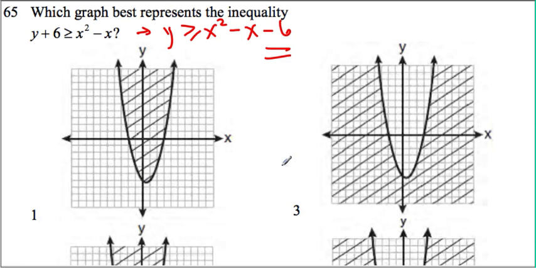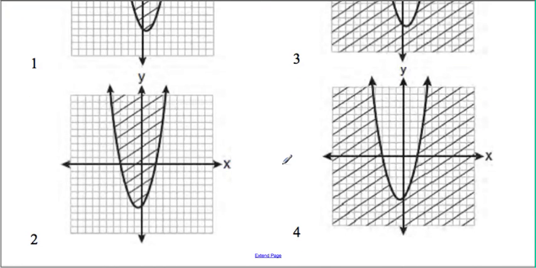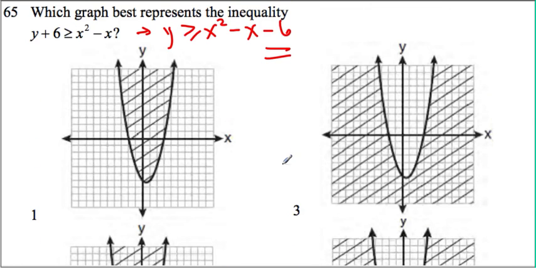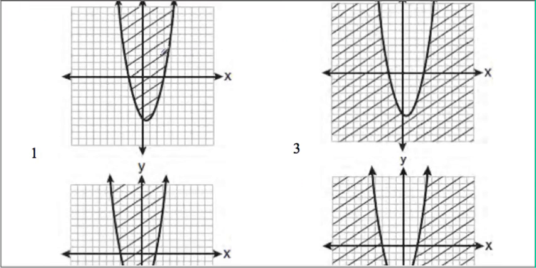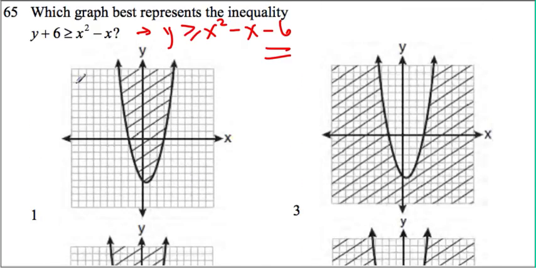Well, all of them seem to have negative 6 as the y-intercept. Then, since y is greater than the equation, we realize that we want something above the curve. So we are looking at choice 1 and 2, those are the shaded areas that are above the parabola.